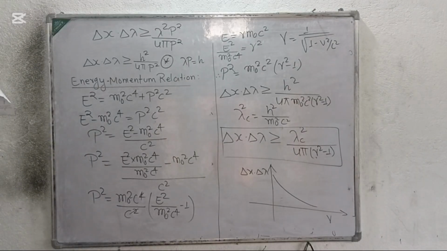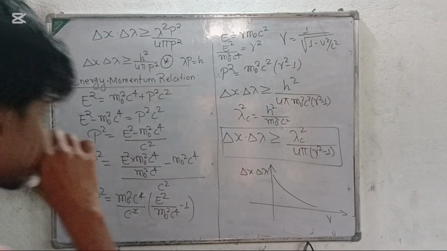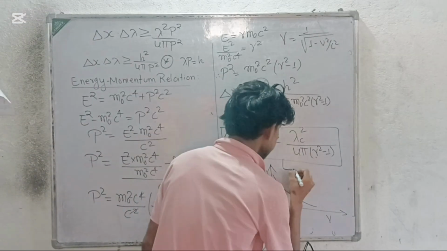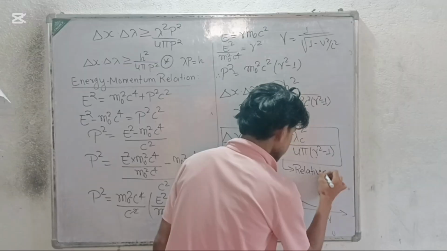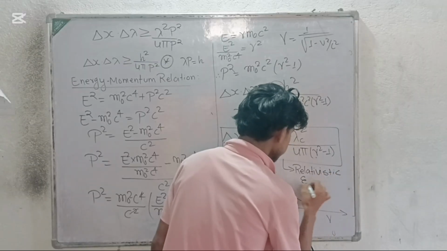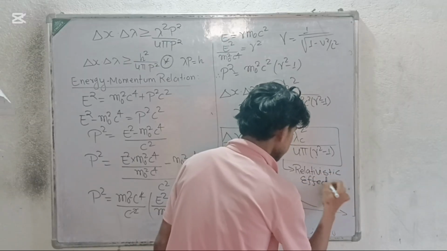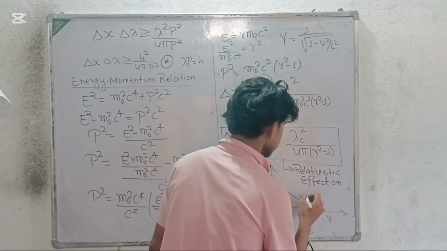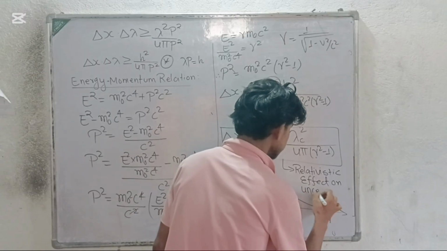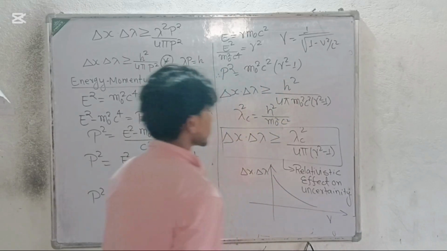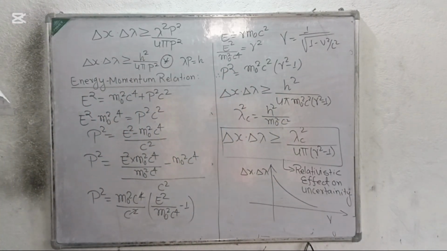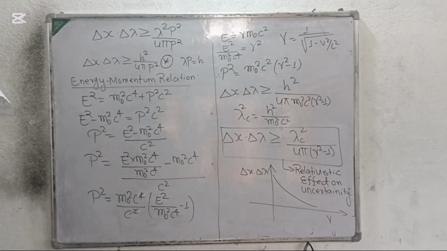So this is the relativistic effects in uncertainty, right?